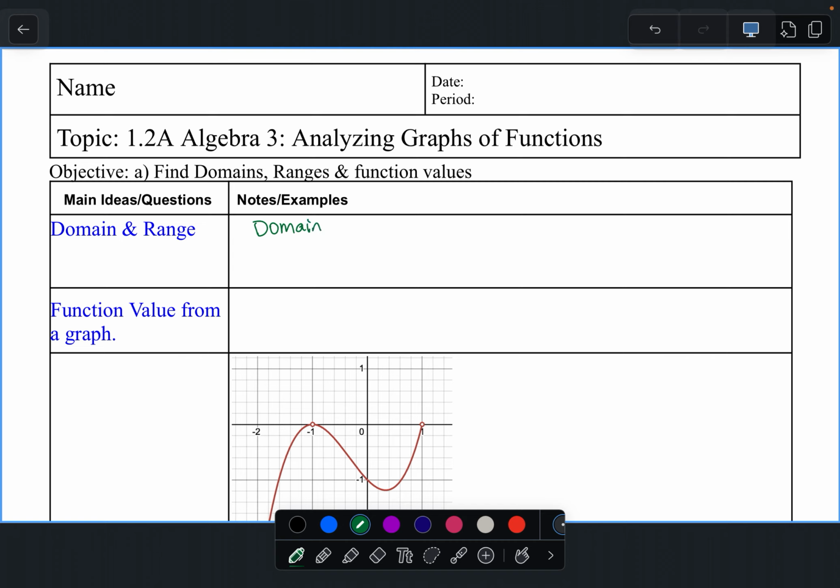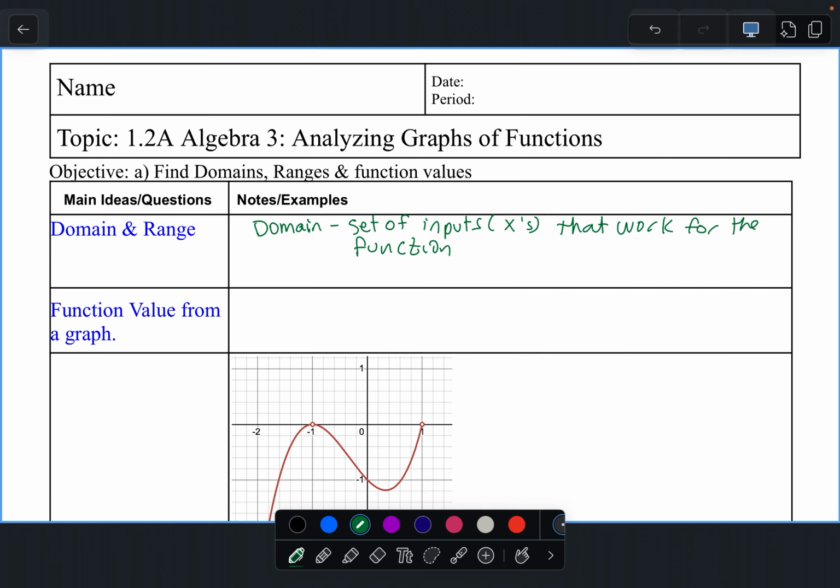Domain is defined as the set of inputs, usually we make those x's, that work for the function. That's why for square roots, only positive values work.